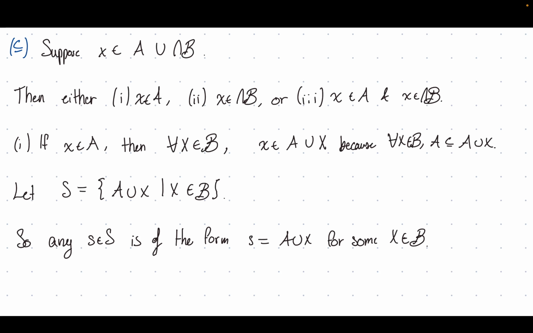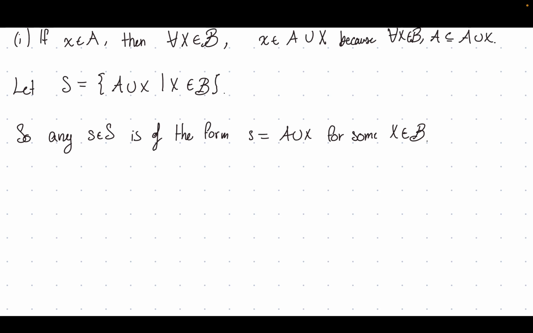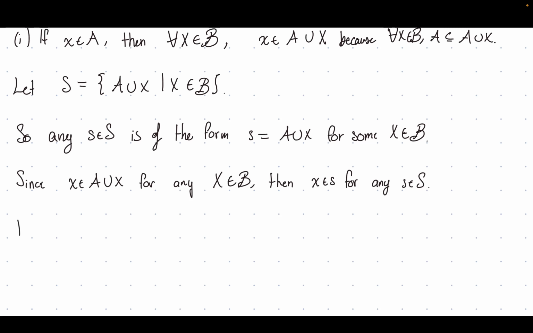So what I'm saying now is that since little x is in A union X for any X in script B, then little x is in little s for any little s in big S. Thus, for all little s in big S, x is in s.